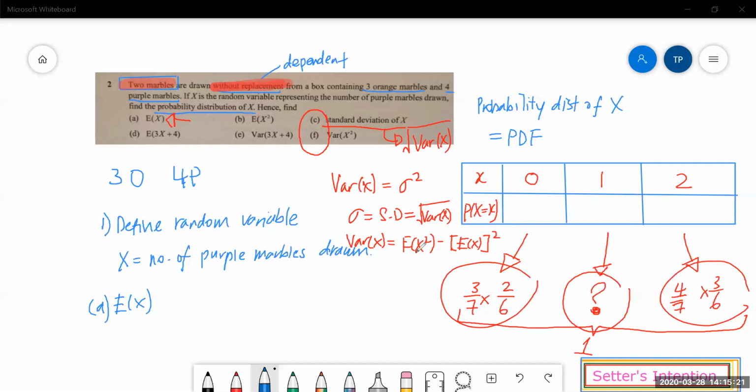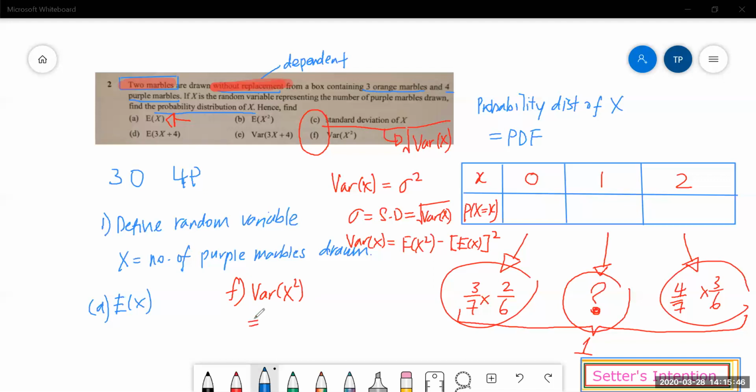After you find the variance of X, that's when you find your standard deviation of X. For part D and part E, you ladies have already let me know that you know the properties of expectation and variance, so I'm not too worried. But for part F, they're asking for the variance of X squared.